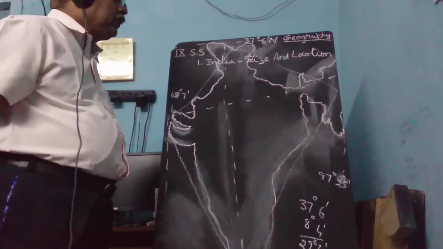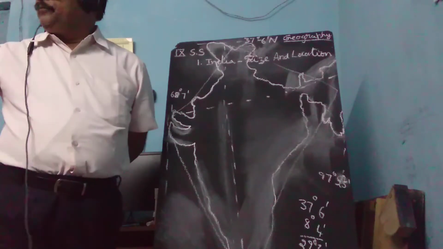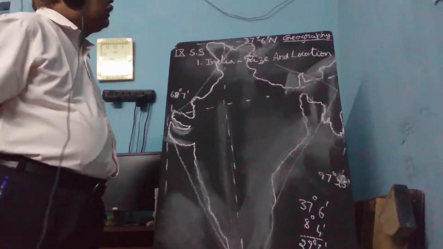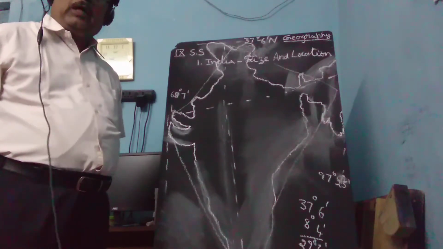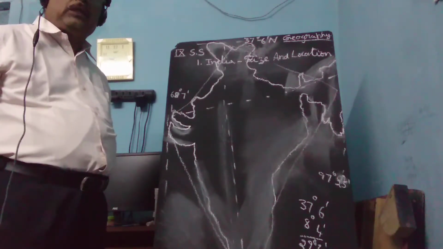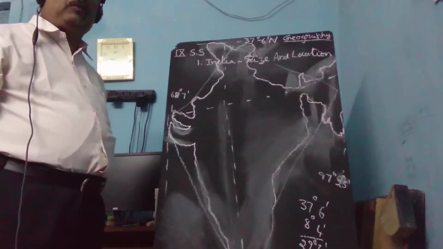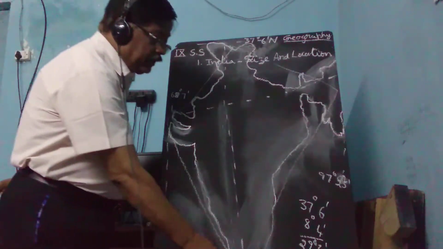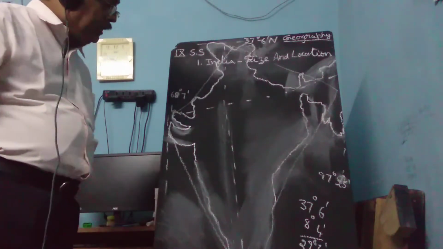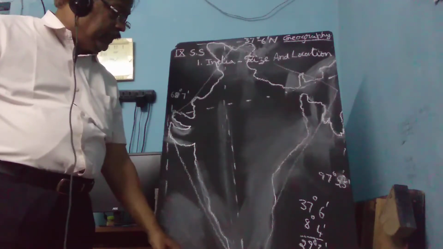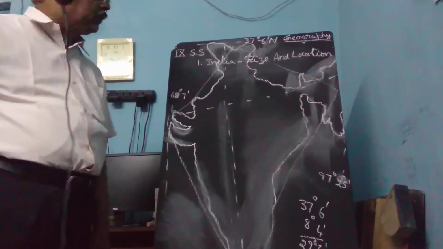Why? Because the southernmost and northernmost latitudes lie only in the northern hemisphere. For example, take the southern tip of India. It touches 8 degrees 4 minutes north.